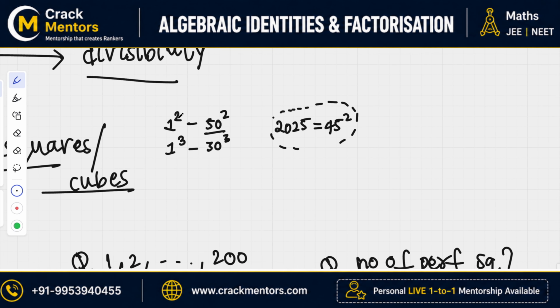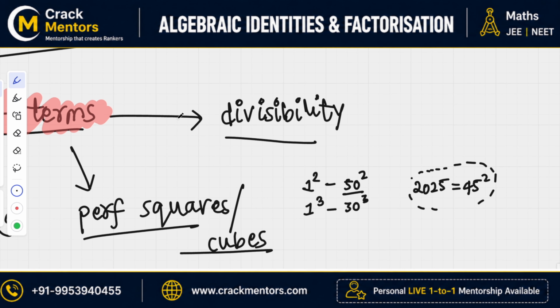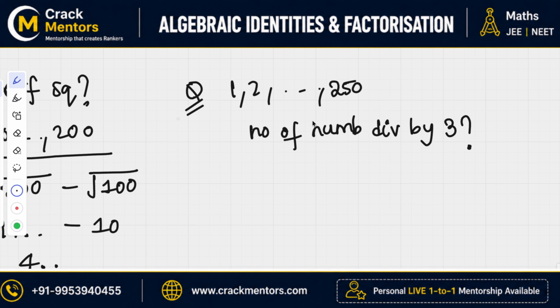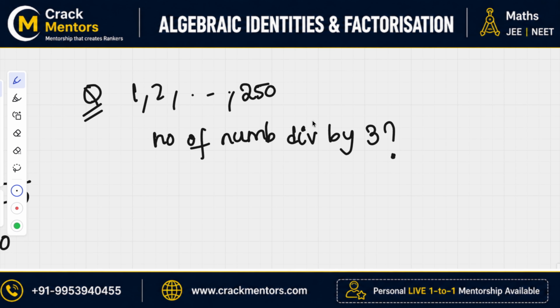Now, our third use case is found in divisibility. So let's say somebody writes this sequence 1, 2, and so on till 250, and I ask you, how many numbers are divisible by 3? So simply what you'll do is just divide.